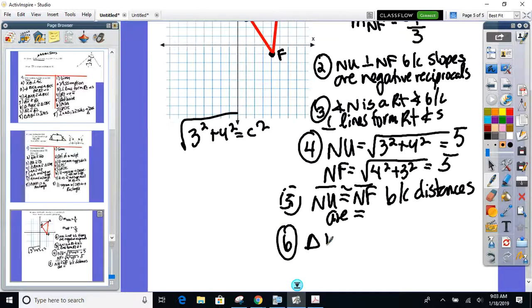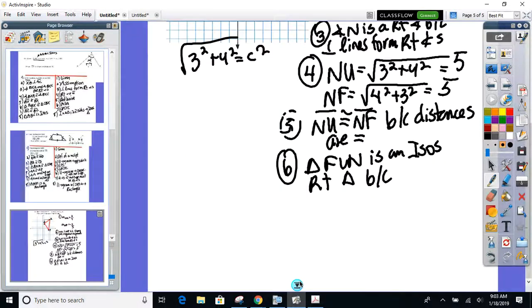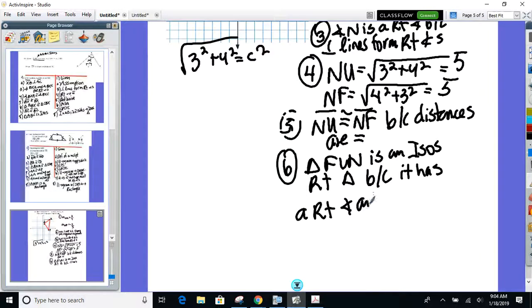So good old triangle fun is an isosceles right triangle because, you guys help me out, why? Because it has one right angle and two congruent sides.